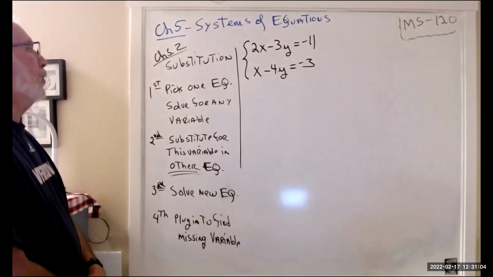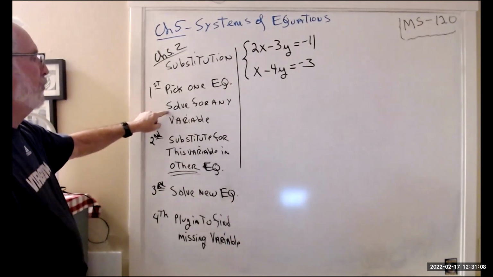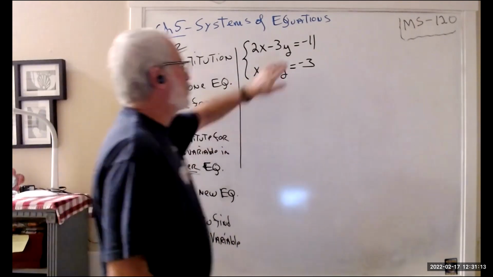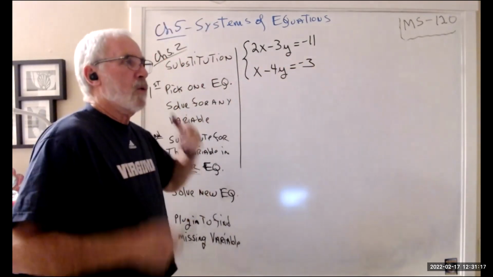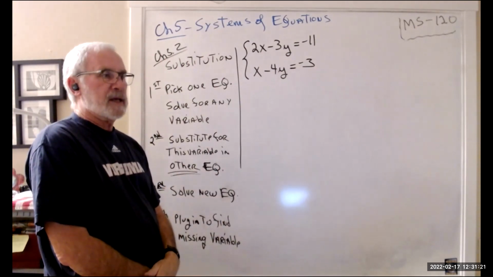Okay, so pick one of the equations, solve for any variable. But remember, you're a mathematician, that means you're lazy. So which variable will be easiest to get alone?